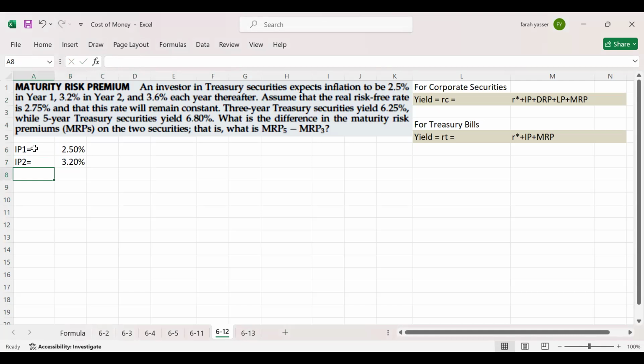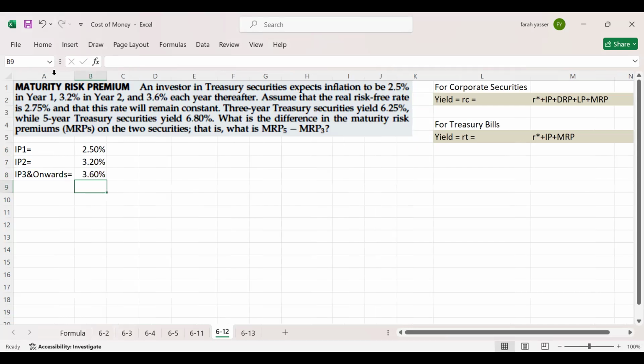Then inflation IP from 3 years and onward is given, which is how much? 3.6%. And then R star, the real risk-free rate of return, is given, which is 2.75%.